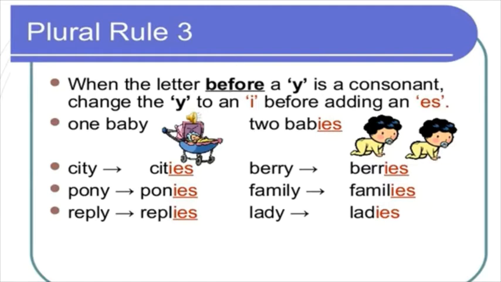Because of this, we have to remove y letter and add ies. Then it becomes babies, two babies. Study well. There is a list of examples. Read these words and identify how to form them into plural form.